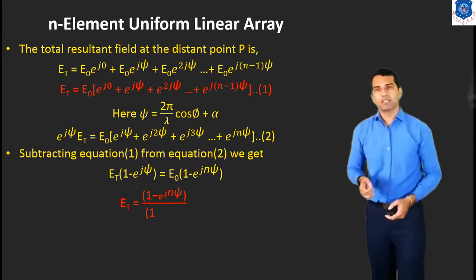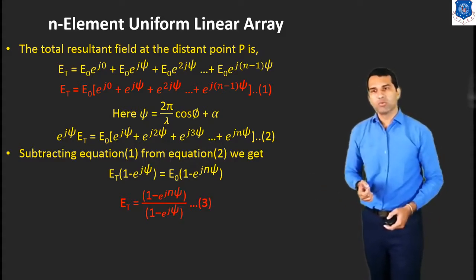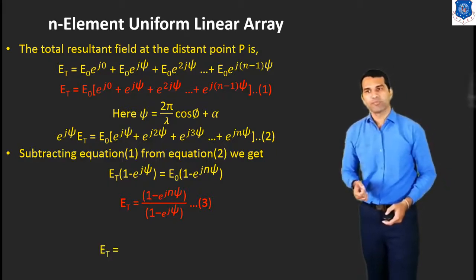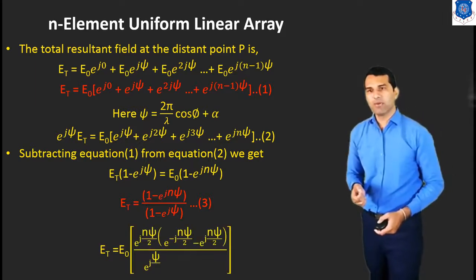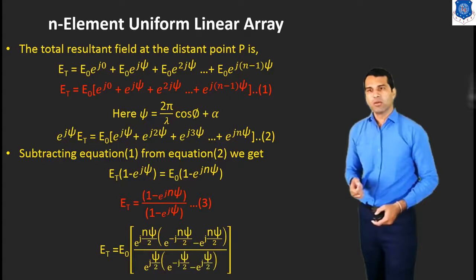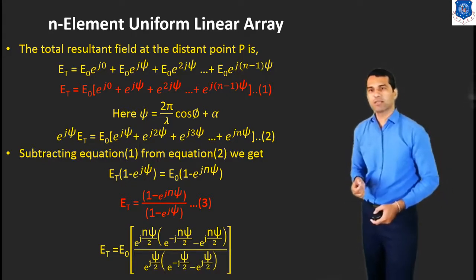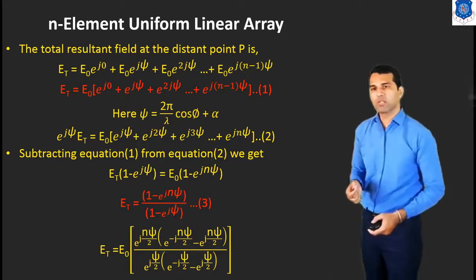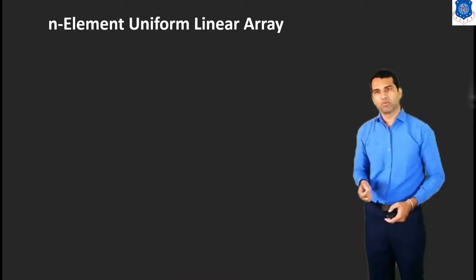Now we rearrange this term. So we get Et is equal to E0 times (1 minus e raised to j n psi) upon (1 minus e raised to j psi). Now we take e raised to j psi by 2 in common, so we can write this equation as E0 times e raised to j n psi by 2 (e raised to minus j n psi by 2 minus e raised to j n psi by 2) upon e raised to j psi by 2 (e raised to minus j psi by 2 minus e raised to j psi by 2).